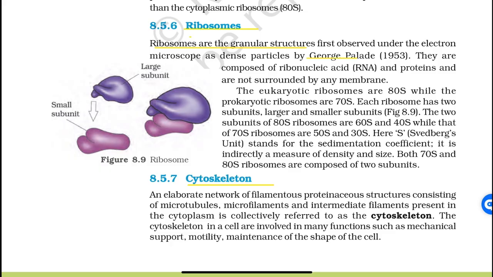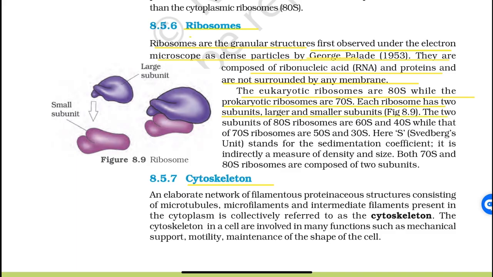Ribosomes are granular structures first observed under the electron microscope as dense particles by George Palade. They are composed of ribonucleic acid and proteins and are not surrounded by any membrane. The eukaryotic ribosomes are 80S while the prokaryotic ribosomes are 70S. Each ribosome has two subunits, a larger and a smaller subunit.